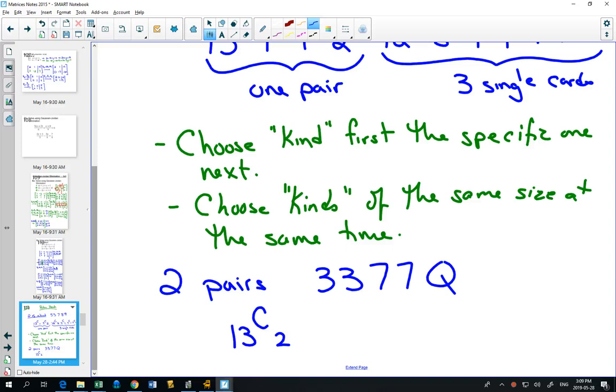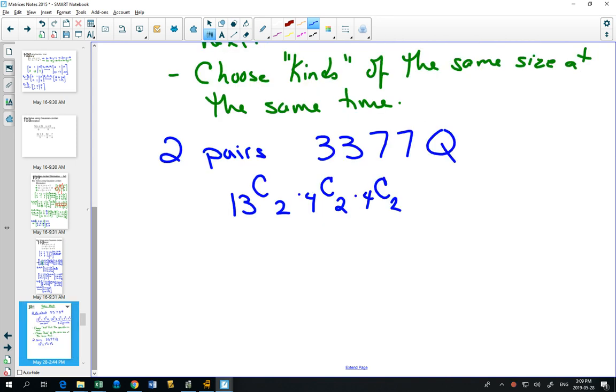Then how many 3s are in the deck? There's 4. You need to choose 2 of them. And there's 4 7s. You need to choose 2 of them. This will count all the different possibilities of 2 pairs. We choose 13 choose 2 at the same time because 2 3s and 2 7s is not different than 2 7s and 2 3s.